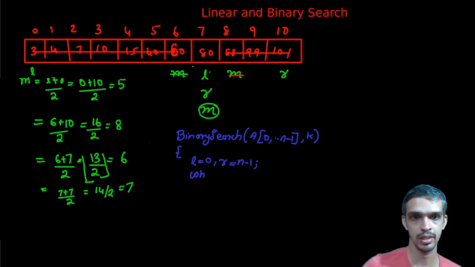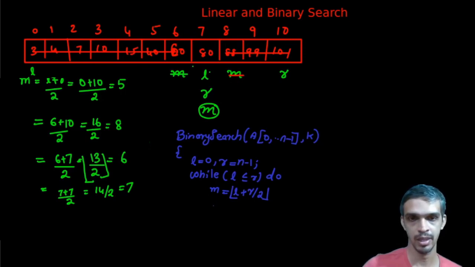The loop you can write as while L less than or equal to R do. If it is not, you need to exit. So in the while loop we have seen that we need to calculate the middle element, L plus R by 2, of which you need to take the floor.